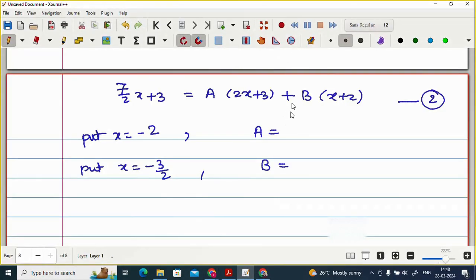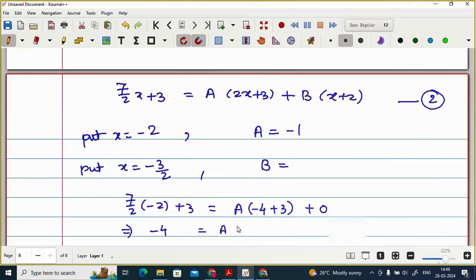The value of a is coming as minus 1. Well, let me check. So it is 7 upon 2, we are putting x as minus 2: minus 7 upon 2 into minus 2 plus 3, a into 2 into minus 2 means minus 4 plus 3, and it will be 0. So this will cancel, means it is minus 7 plus 3, that is minus 4, and minus 4 plus 3 means minus 1. So a is into minus 1.